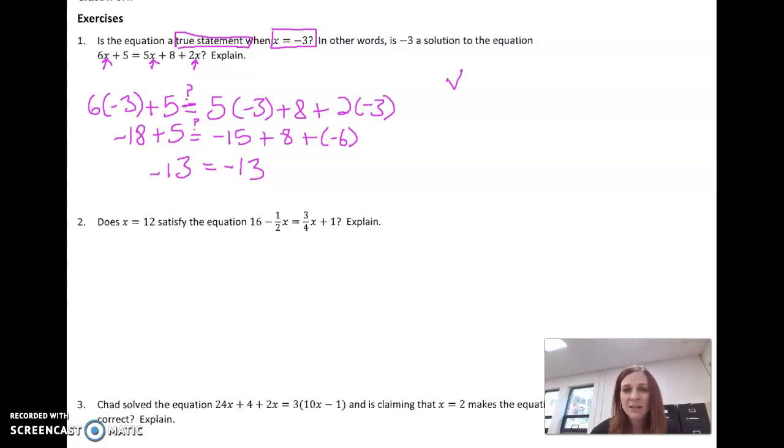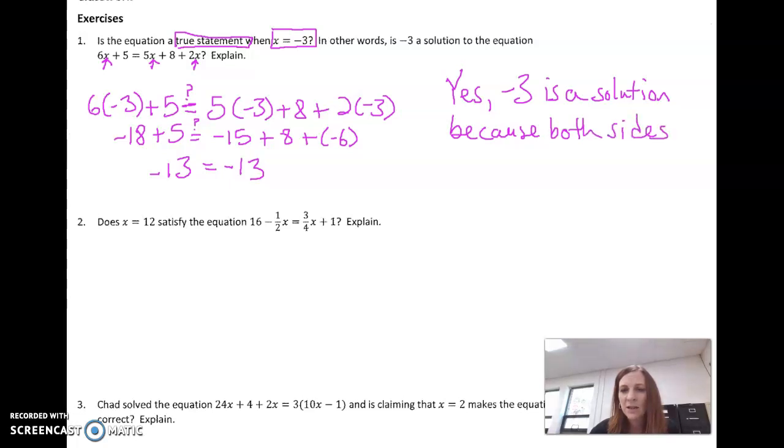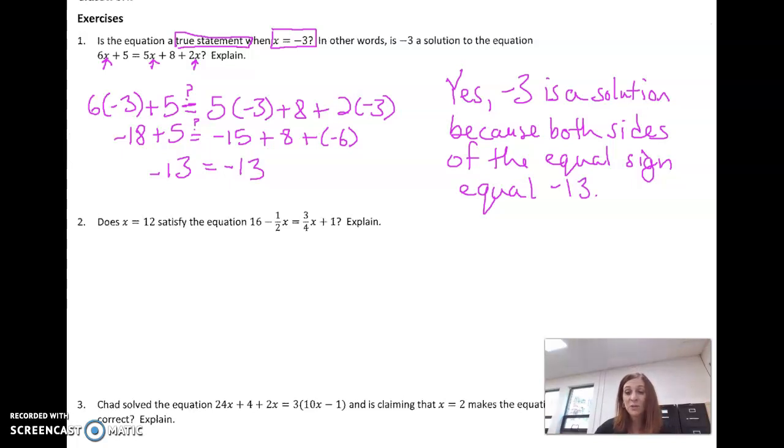And we would just say, yes, -3 is a solution because both sides of the equal sign equal -13. Done. That's a true statement. That means it's a solution, okay?